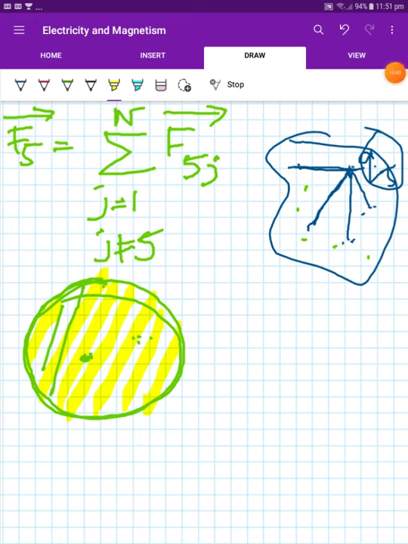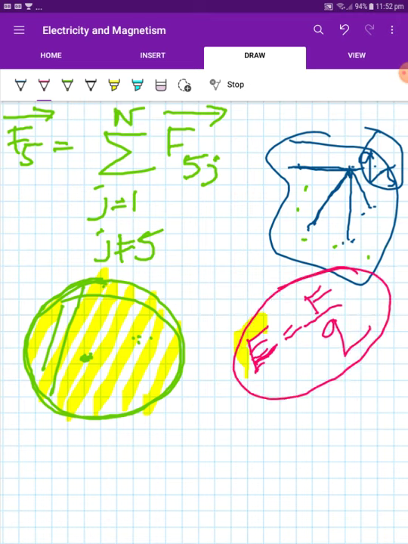Now mathematically we can write that E is equal to F by q, since the electric field may be defined as the force acting on a unit positive charge.